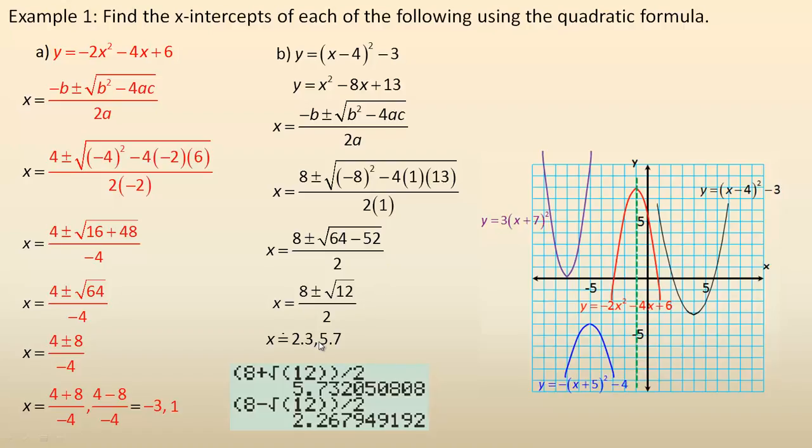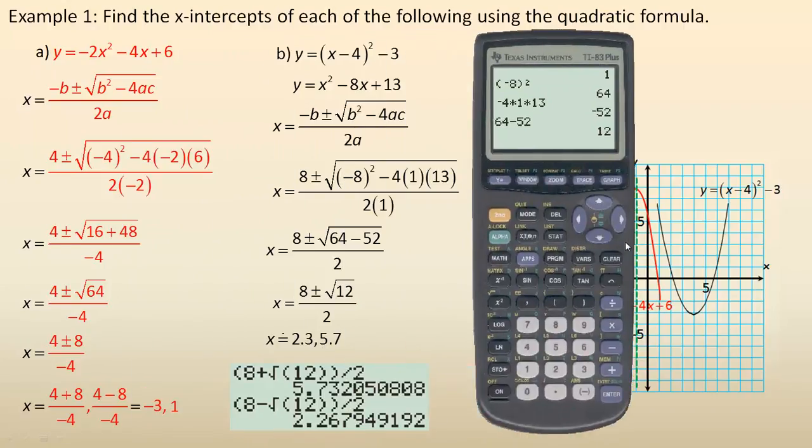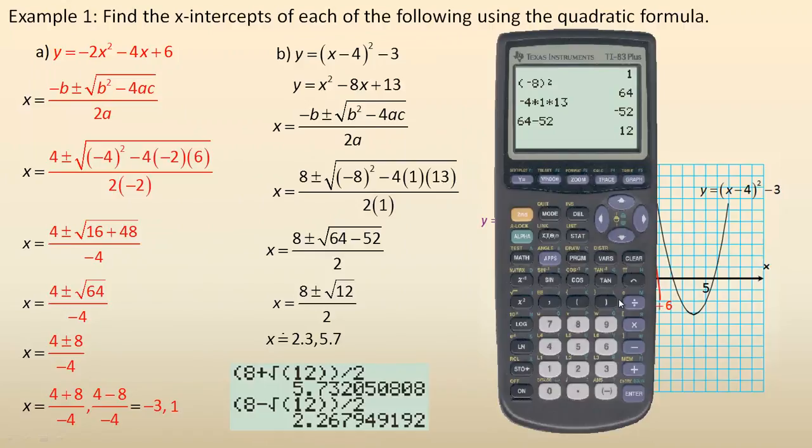So we need to evaluate those. I double-clicked there. I didn't mean to go that fast. Of course, you can pause if I'm going a bit too fast here. So I showed the calculator exercise down here, but so it's 8 plus the square root of 12. I need to close my bracket. That closes the bracket underneath the root, and then the whole top, and then divided by 2.